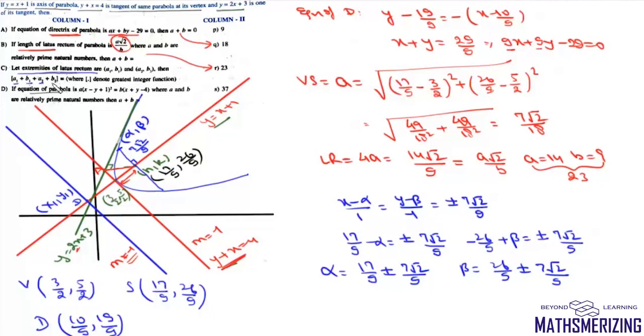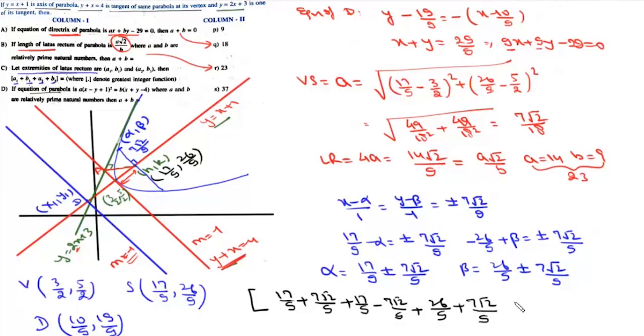Now we need to find the greatest integer function of a1 plus b1 plus a2 plus b2. So we need to find the greatest integer function value of 17/9 plus 7 root 2 by 9 and 17/9 minus 7 root 2 by 9, and here 26/9 plus 7 root 2 by 9 and 26/9 minus 7 root 2 by 9.